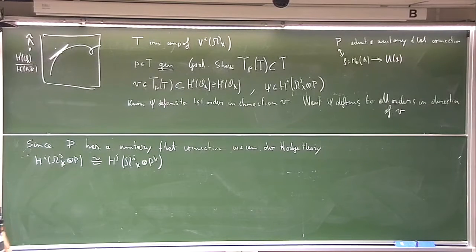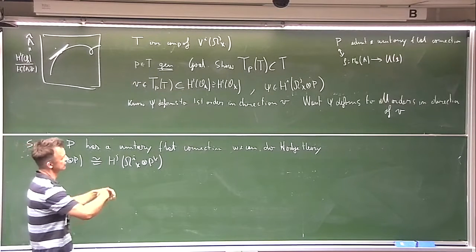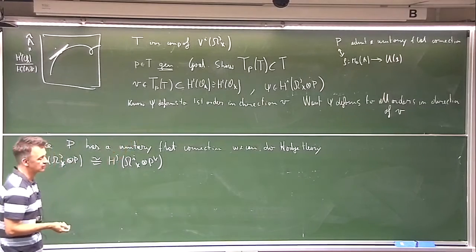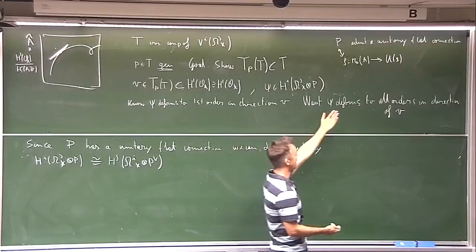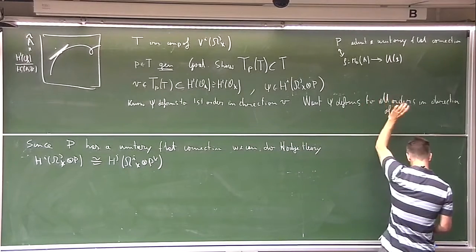Right, because when you take complex conjugation, it's like inverting your transition function, which is just given by a norm 1 scalar.